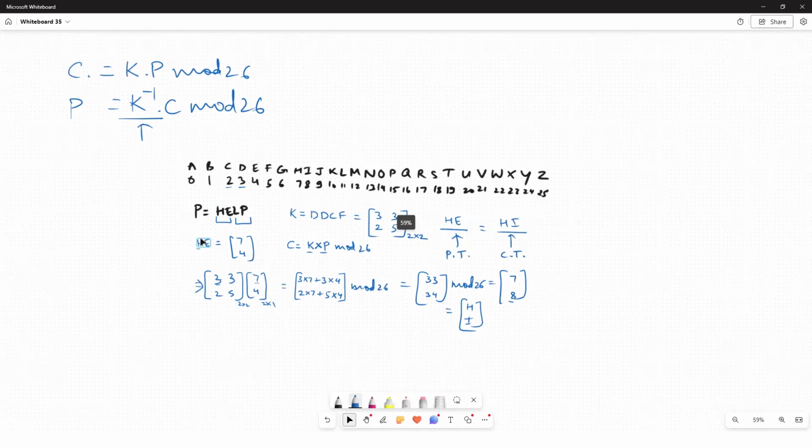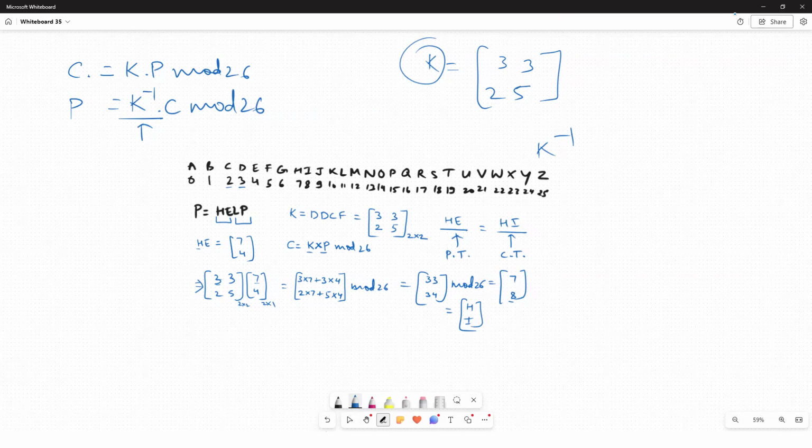Does anyone know how to calculate K inverse? If you have a key, a matrix which is 3, 3, 2, 5, does anyone know how I can calculate K inverse out of that? Isn't it like when you switch A and D and then you make B and C negative?